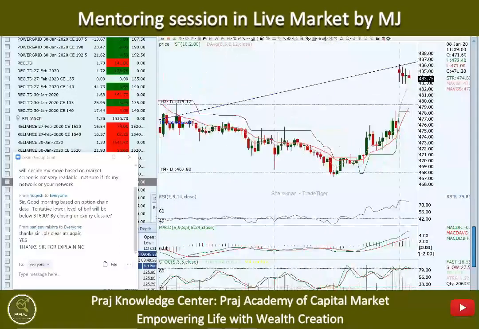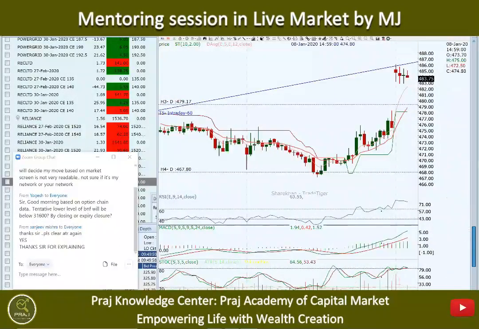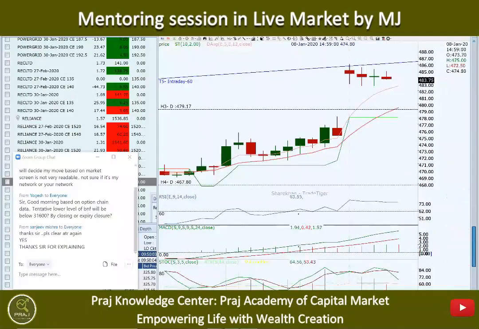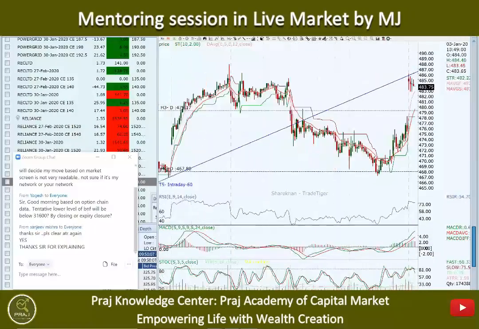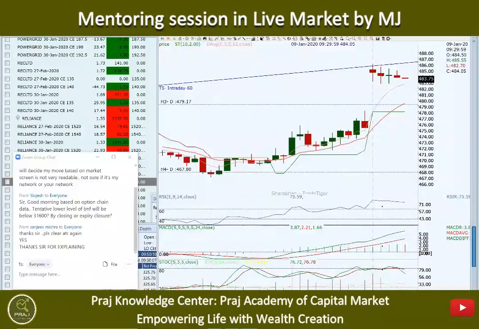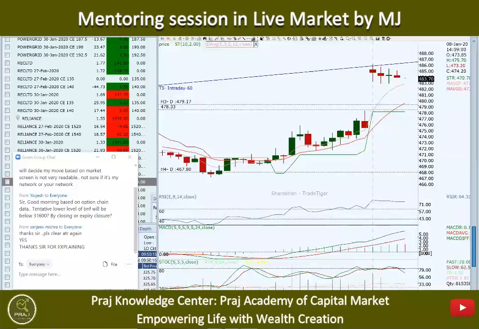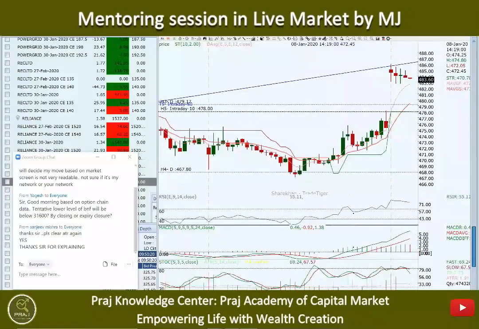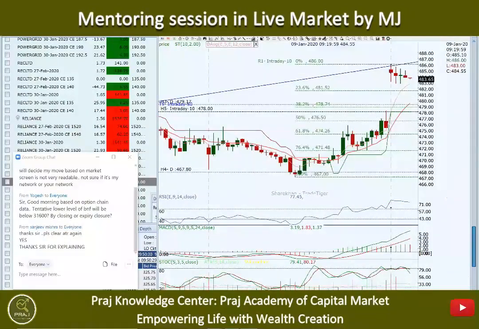Welcome, Sanjeev. At this point of time, you see now this channel is working as a resistance for it, right? So where is the gap here? The gap is here. So Tata Steel may come down to fill up this gap. Now you might see surprisingly that the gap is enough.